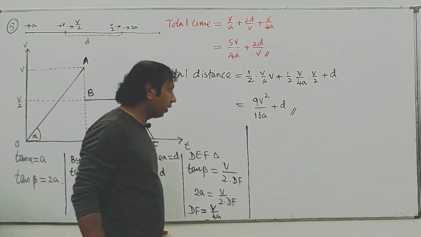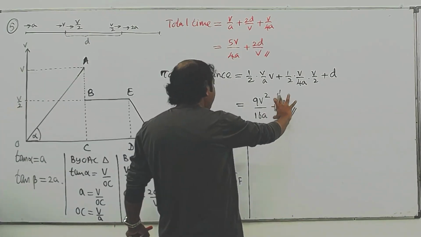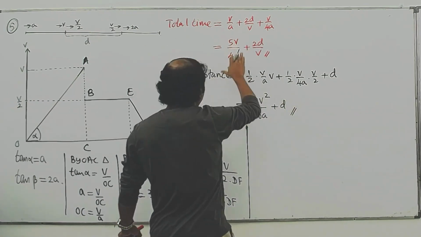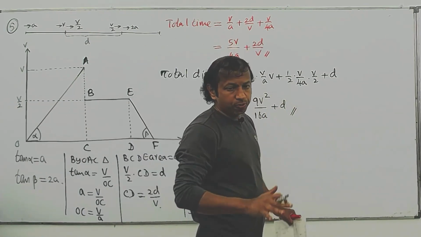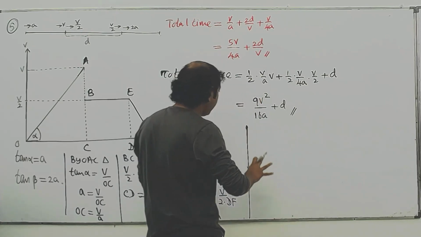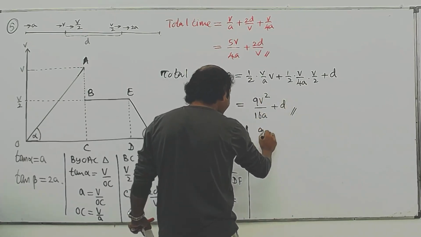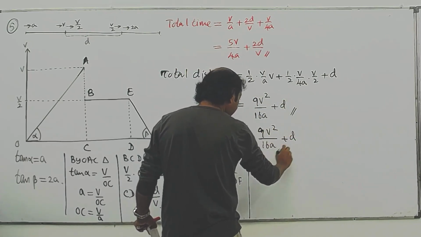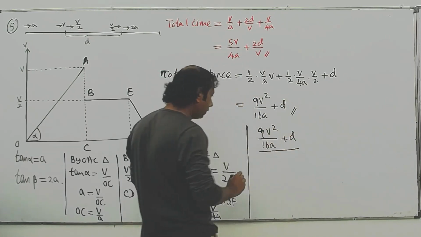5V divided by 11. Then total distance traveled means displacement, no, because the object is moving along a line. Along a line, distance means displacement, right? Then this should be divided by the total time.